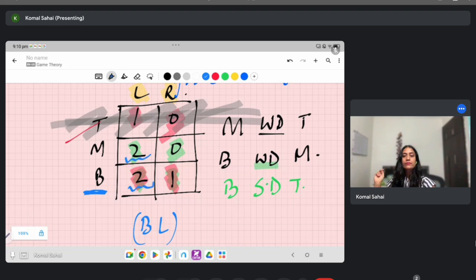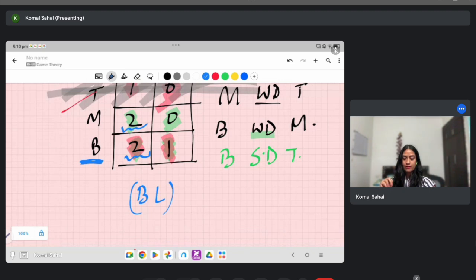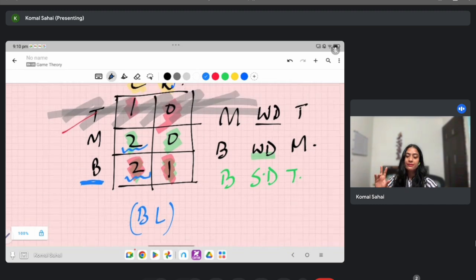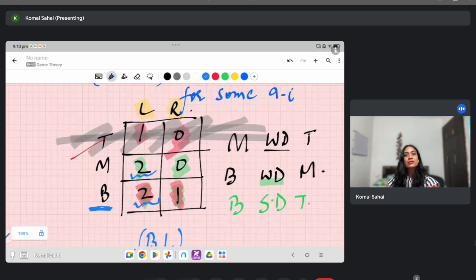Same ही रहेगा. ठीक है? So this kind of an equilibrium is what is called a non-strict equilibrium. Okay? A strict equilibrium is where, like in the case of prisoner's dilemma and the equilibria that we have done so far, any deviation means that the deviator is strictly worse off.